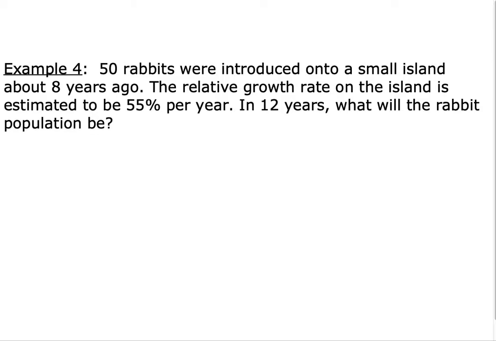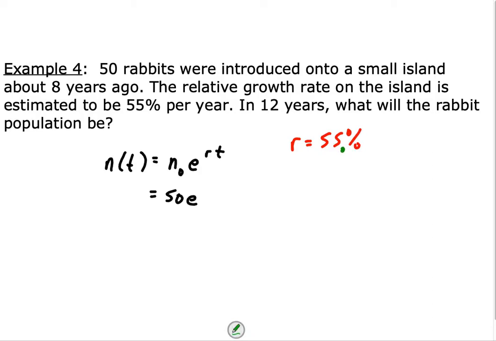So let's do that. R is 55%. Let's write that as a decimal. So that's 0.55 for R, and then times T, and we said that it had to be the 8 plus the 12.